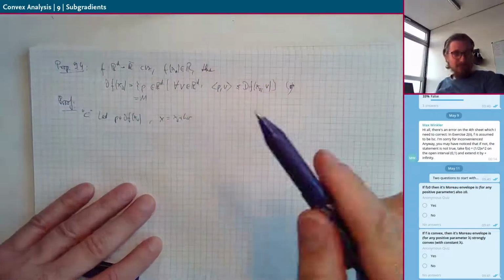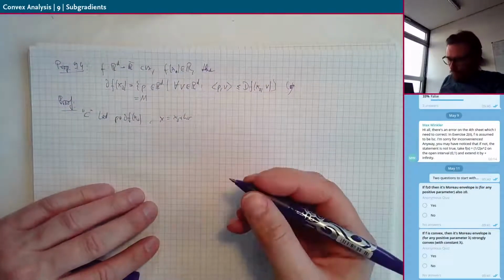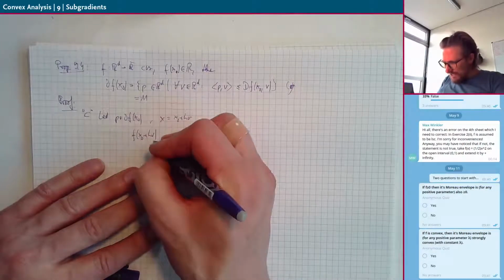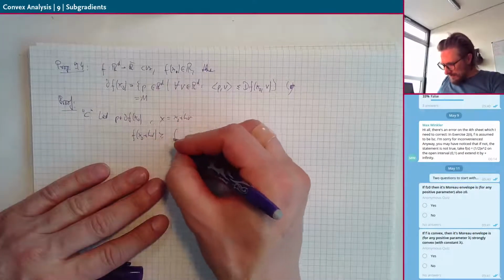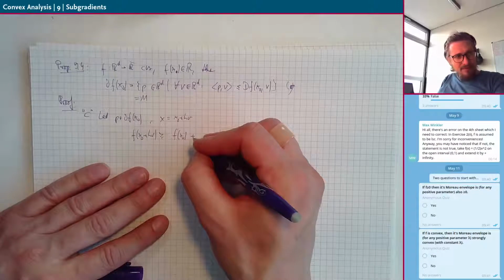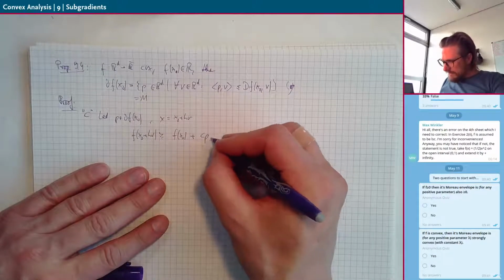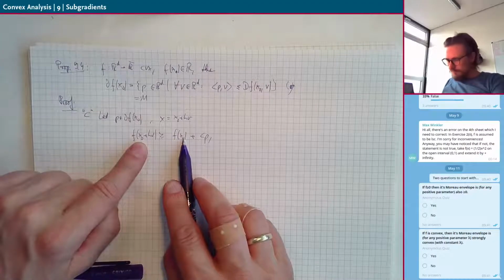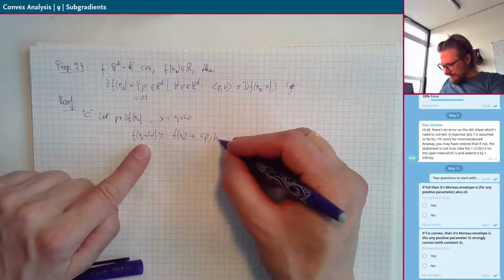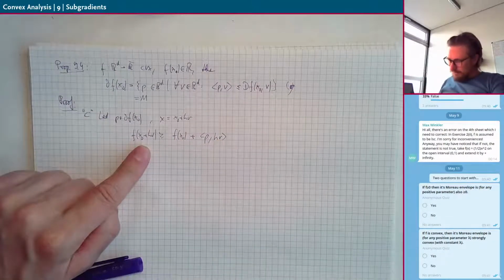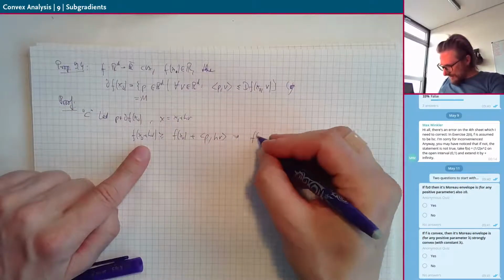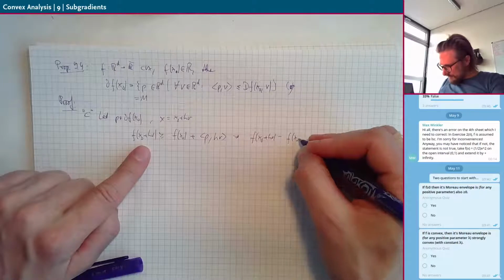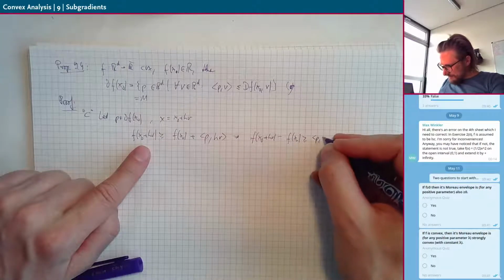By the subgradient inequality, we have that f of x0 plus h times v is larger or equal to f of x0 plus p times this minus that. This minus that is h times v. Or put differently, f of x0 plus hv minus f of x0 is larger or equal p, hv.